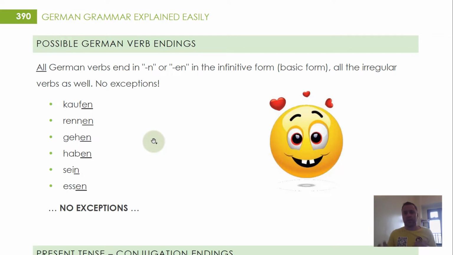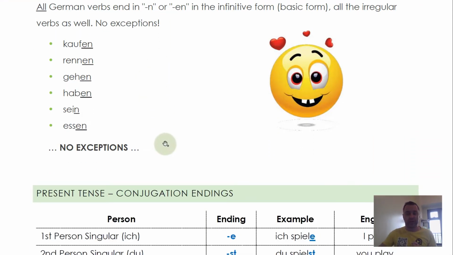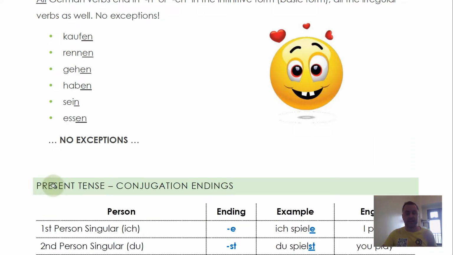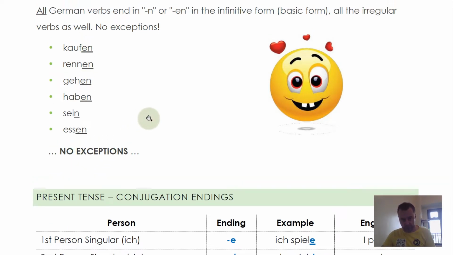English has several different endings, but for example, Spanish knows 3 different endings with 3 different forms of conjugation. Conjugation means you have to actually adjust the ending of the verb according to the person you're talking to or about.